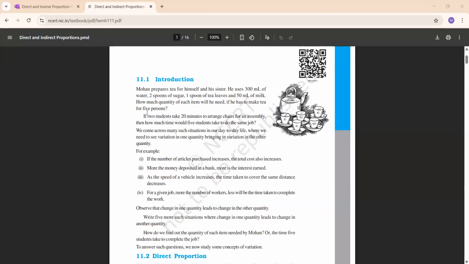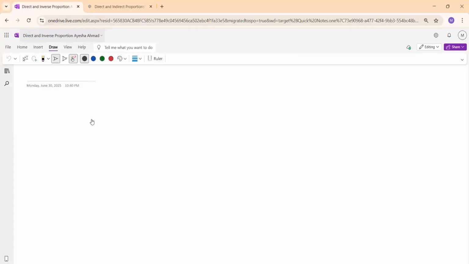Okay, Aisha, direct and inverse proportion, one of the easiest chapters. What is direct proportion? Suppose, Aisha, you go to a shop and you have to buy a pen. The shopkeeper says that this pen is for 10 rupees, and you have to buy 5 pens.